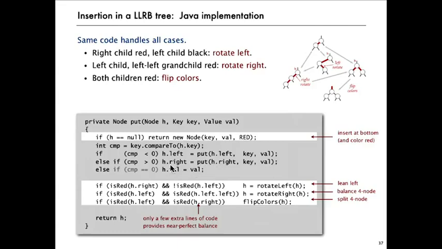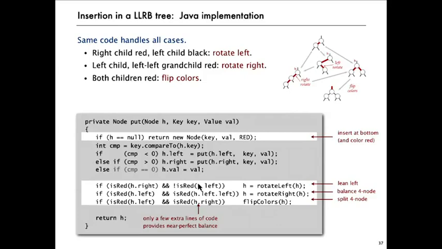Now, when it's returned, then that's the point at which we're going to check whether the links are leaning to the left as they're supposed to, and whether or not there are any double links. So the first thing is if isRed(h.right) and not isRed(h.left).